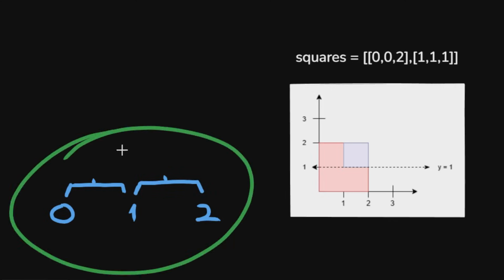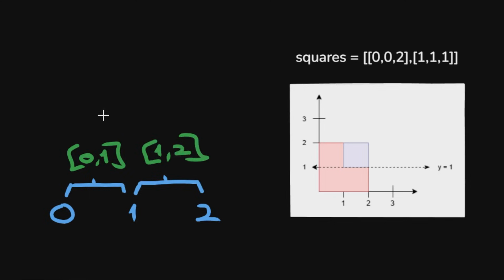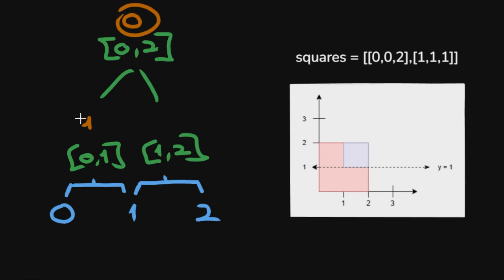So think of this as if we had 2 nodes here. This node covers the range from 0 to 1, and this node covers the range from 1 to 2. And here we have a parent that covers everything from 0 to 2. And we will say that this is position 0, this is position 1, and this is position 2.